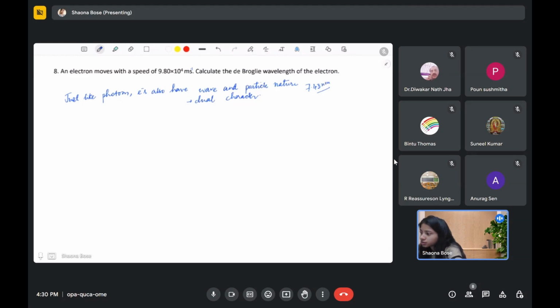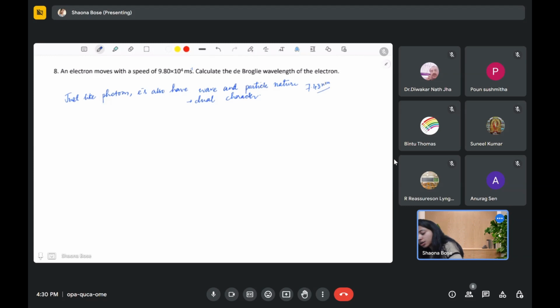So, okay, does this particular hypothesis apply to both macroscopic and microscopic particles, or is it only for microscopic particles? Can anybody just write that in the chat?